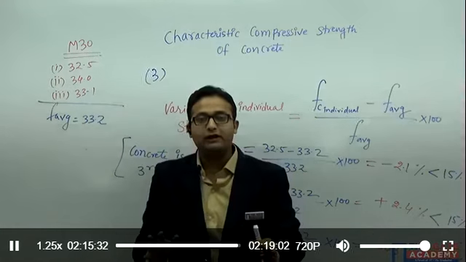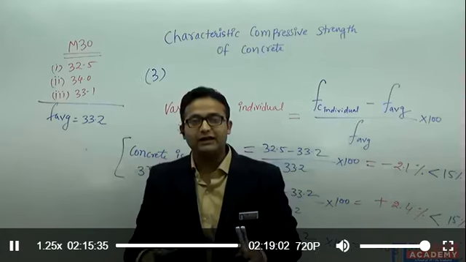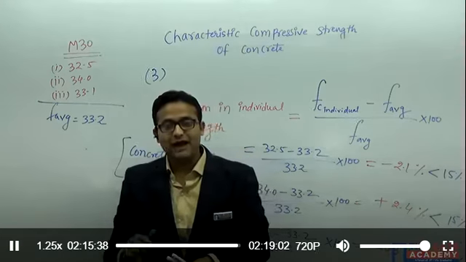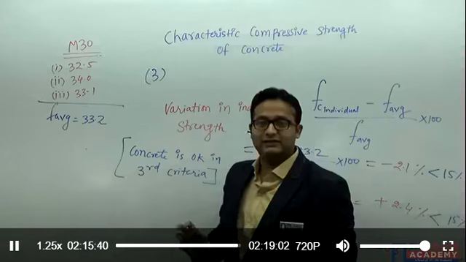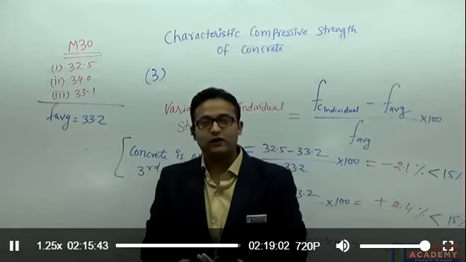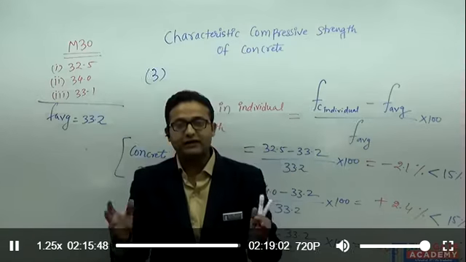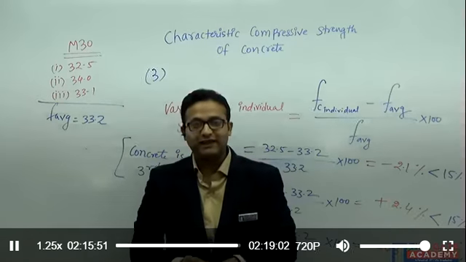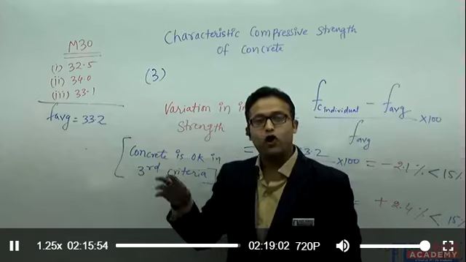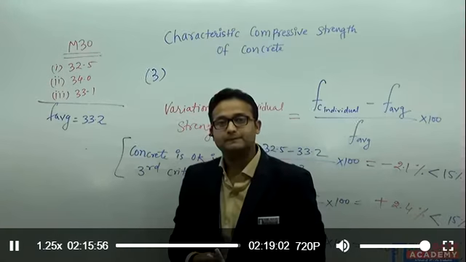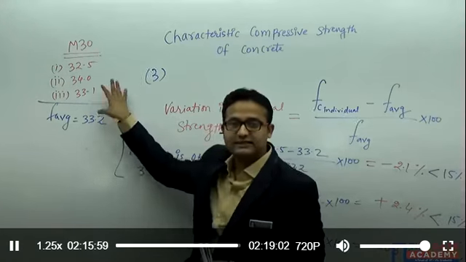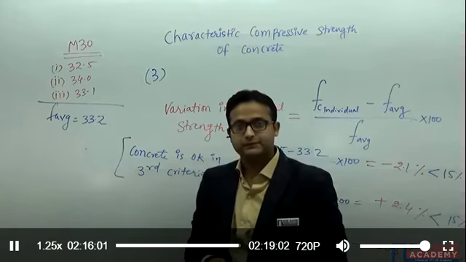There is no proper quality control, that's why we could not satisfy all the 3 criteria. If there is proper quality control, proper mixing, and we take care of temperature and storage issues, then our concrete will pass all the 3 criteria. But right now, for this particular case, your concrete shall not be accepted.